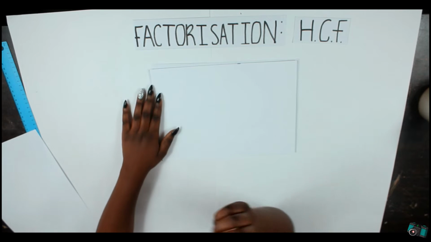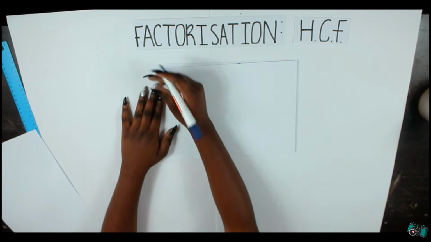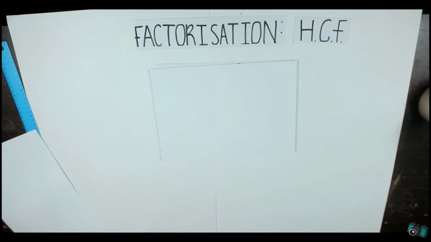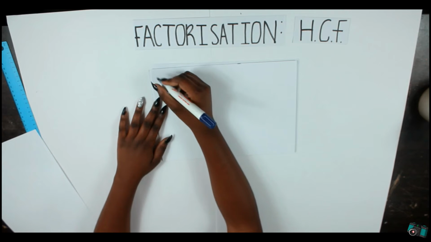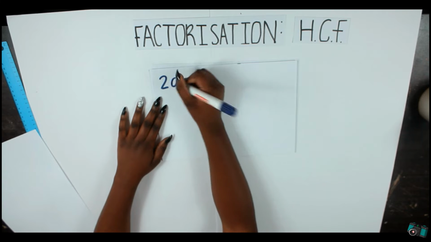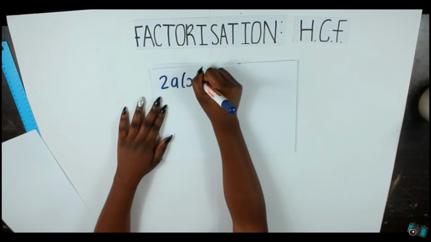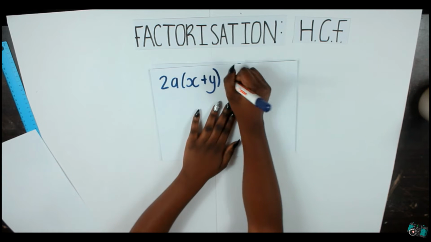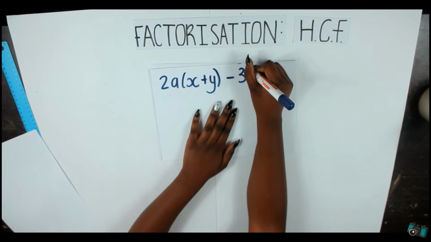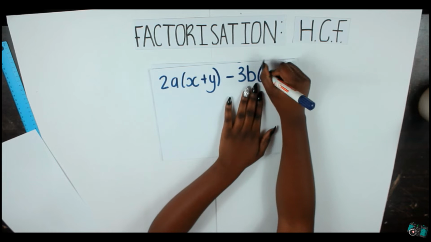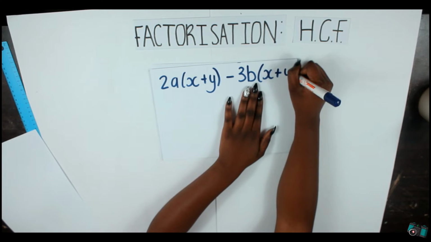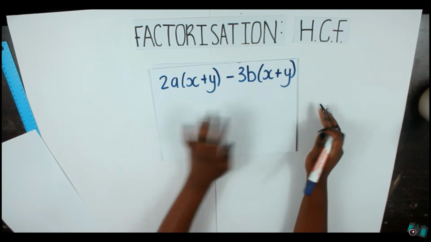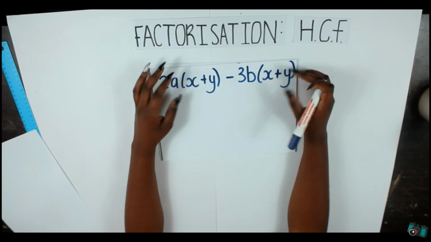Okay, one more example. Let's say you have 2a(x plus y) minus 3b(x plus y). Right, so what's common in both terms?